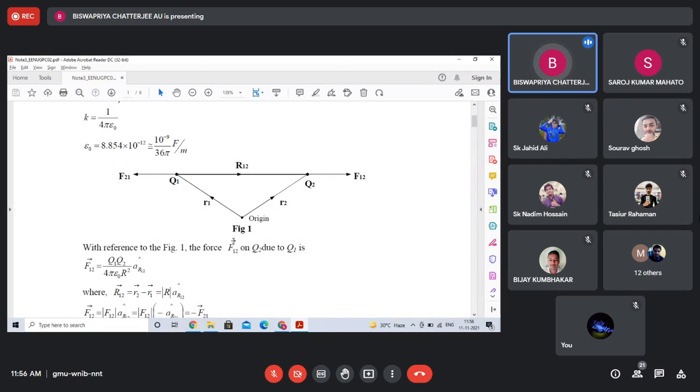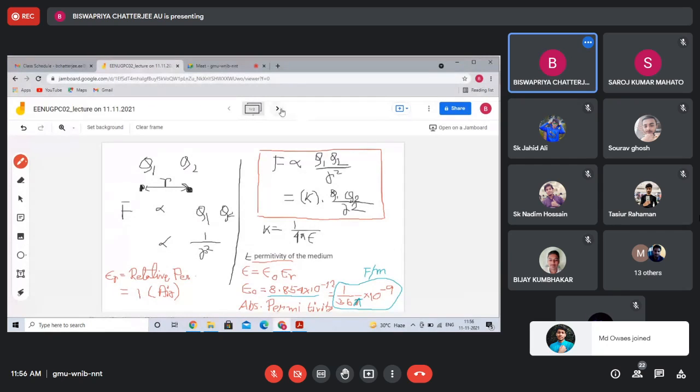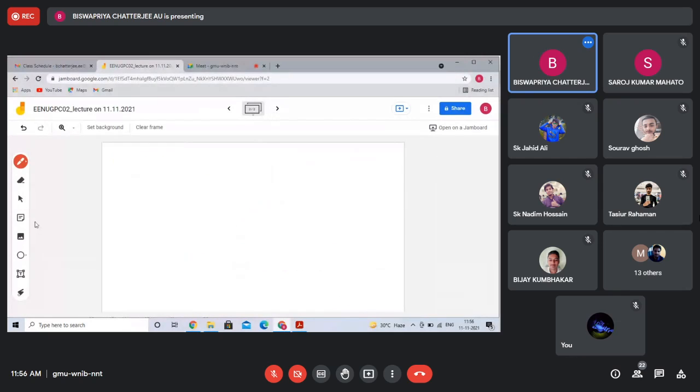Now you see the nomenclature. F12 is the force on Q2 due to charge Q1. If I reproduce this diagram, we have Q1 and another Q2, each at a particular location.